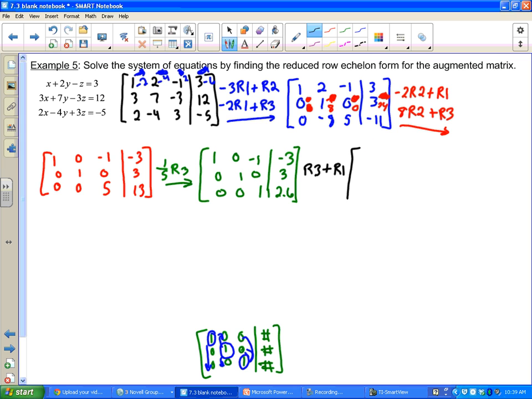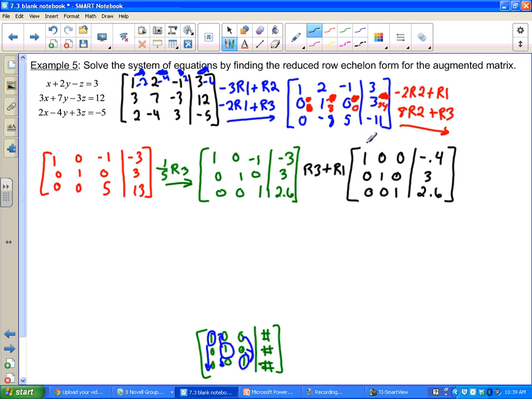Because remember, row 1 is the one that we're changing, and so that's the thing that goes last in our notation. So if I add those rows together, 1 plus 0 is 1, 0 plus 0 is 0, -1 plus 1 is 0. And -3 plus 2.6 is -0.4. My other rows stayed the same as what they were.